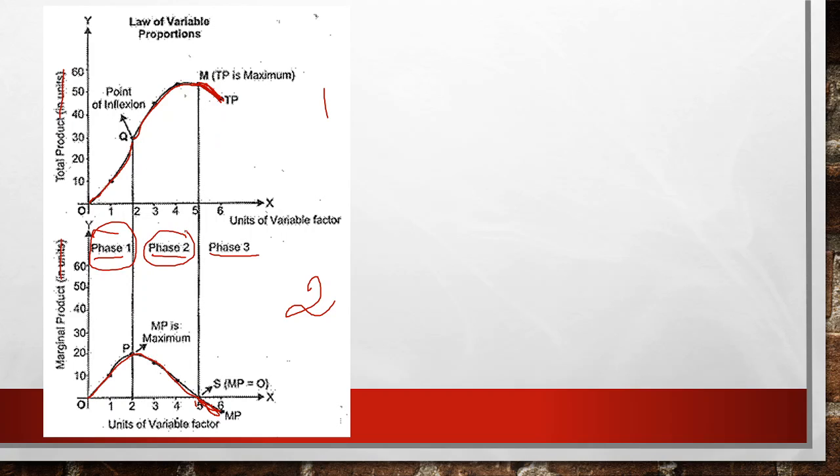In the second phase every additional variable factor adds a lesser and lesser amount of output, which means TP increases at a diminishing rate and MP falls with the increase in variable factor. That is why this phase is also known as diminishing return to a factor, okay?